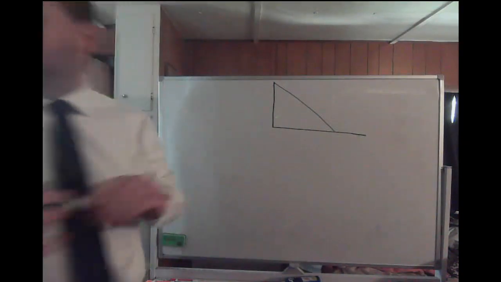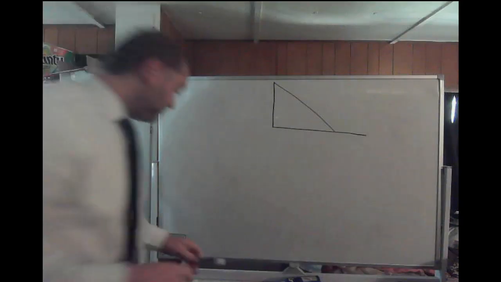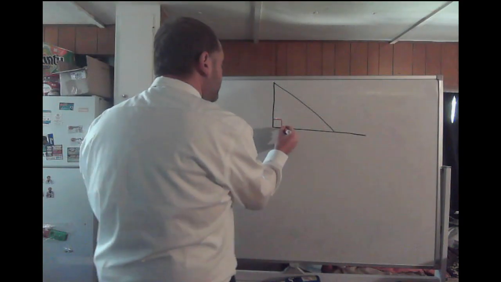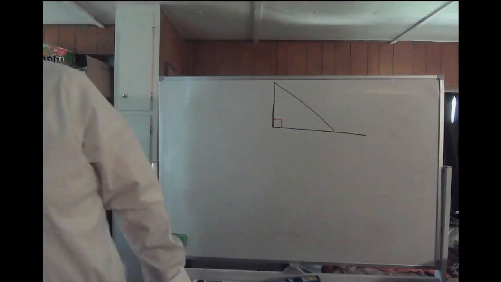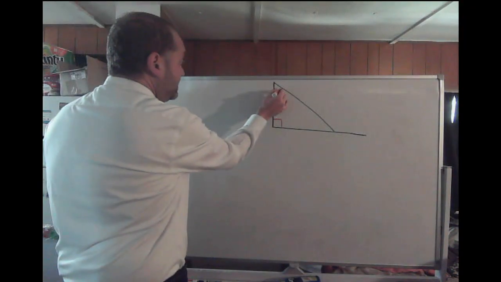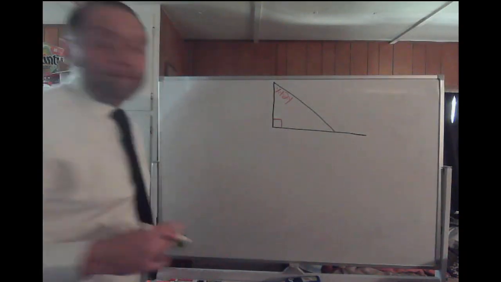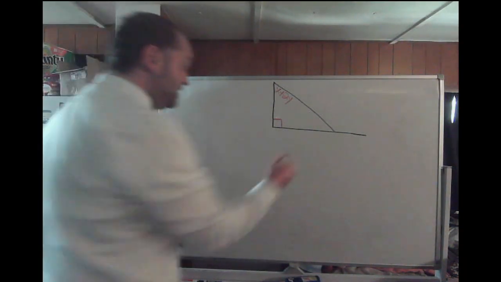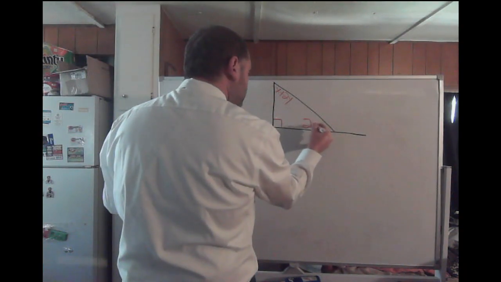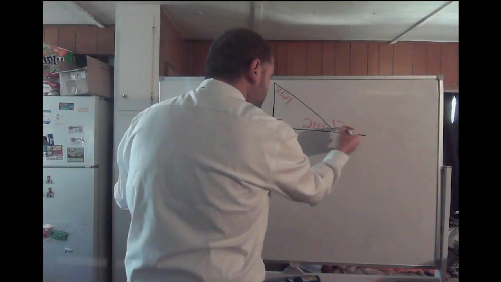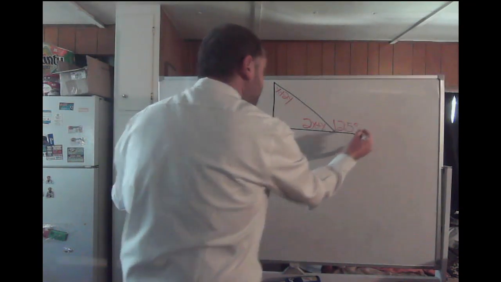So we got that mess there. Here's a right angle, so this is a right triangle. This angle here is x plus 2y. This angle right here is 2x plus y. This angle here is 125 degrees.